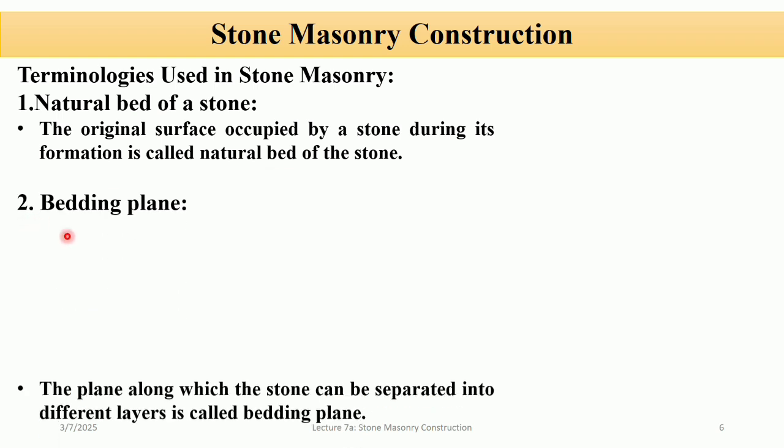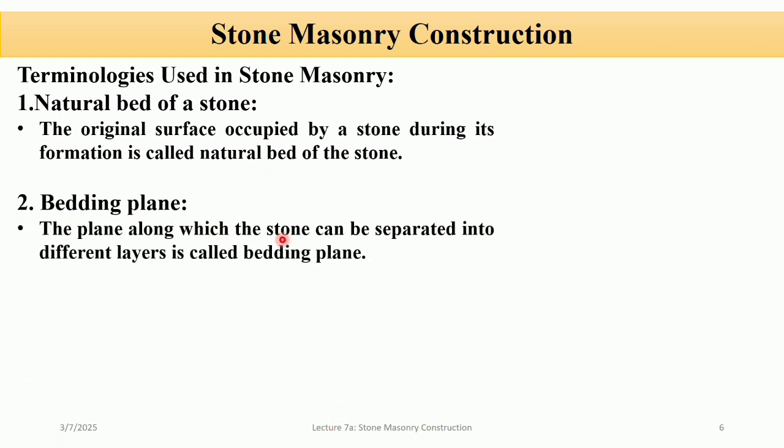Bedding plane. The plane along which the stone can be separated into different layers is called the bedding plane. In stone masonry, each stone should be placed in such a manner that the pressure acts at right angles to the bedding plane of the stone so that it can take more load. String courses.